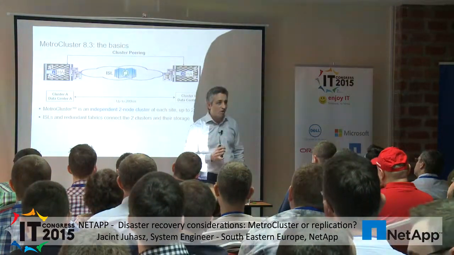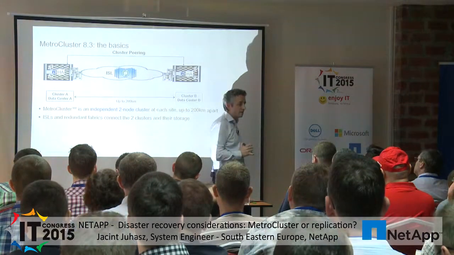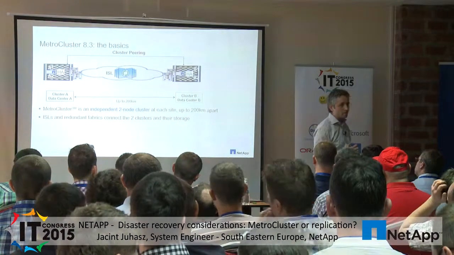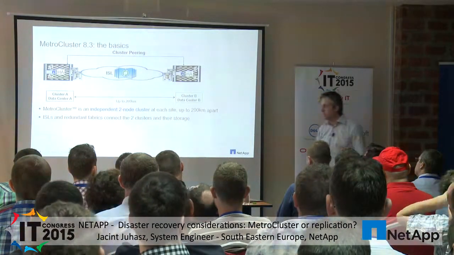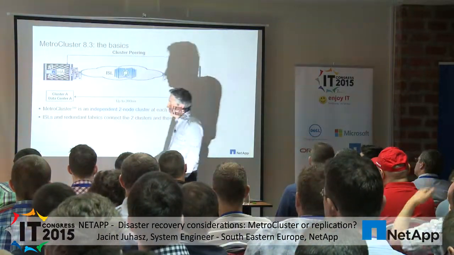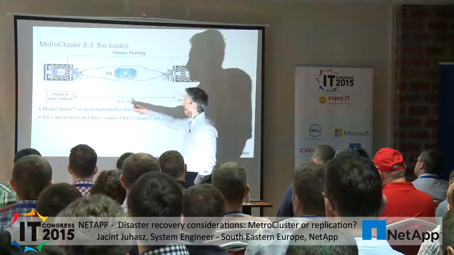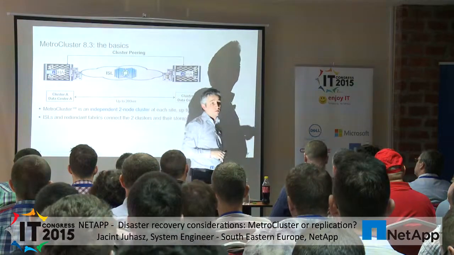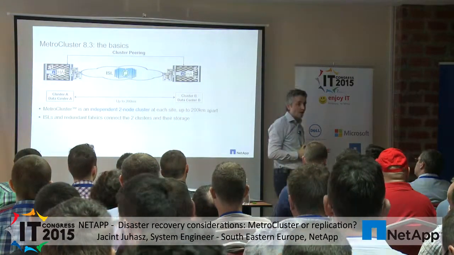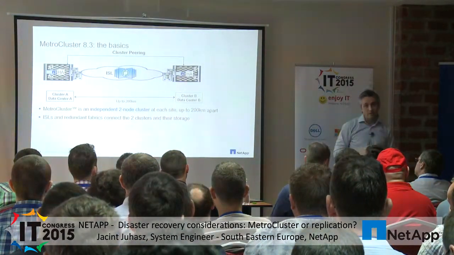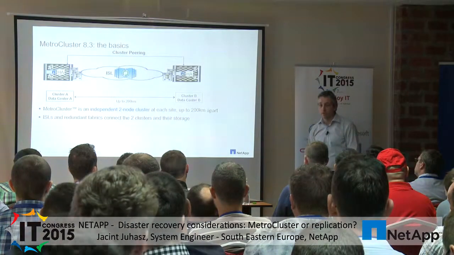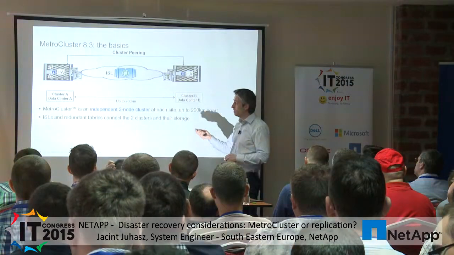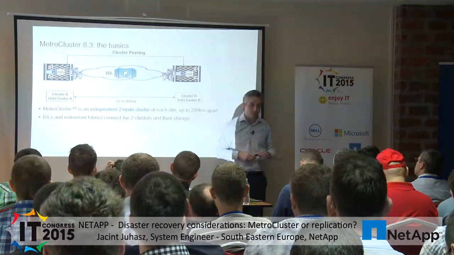We can do a lot of magic on the software side, but we cannot override the laws of physics. 200 kilometers will mean that you need 4 milliseconds to send a packet from data center A and send it back to data center B. There's no magic to hide that 4 milliseconds at all, and if you still want to run your application with a good response time, you don't need to extend it up to 200 kilometers.